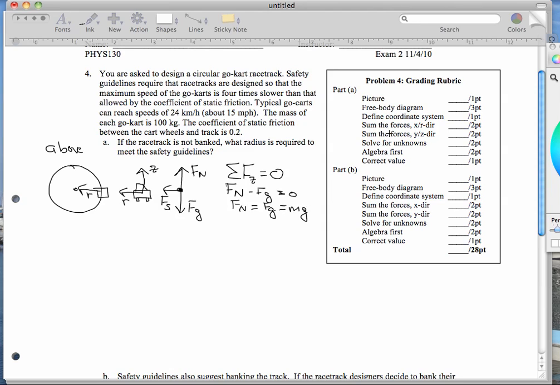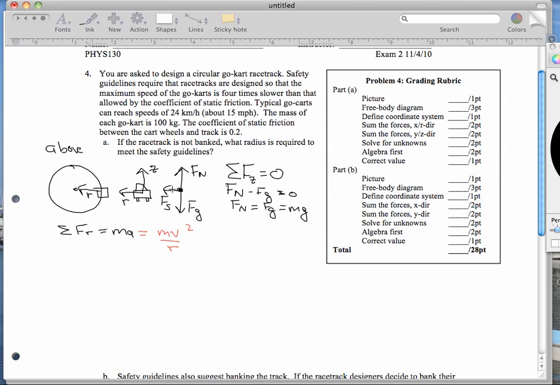Now I'm going to do the sum of the forces in the r direction. That's equal to ma, and for circular motion ma equals mv squared over r. What are the forces in the r direction?